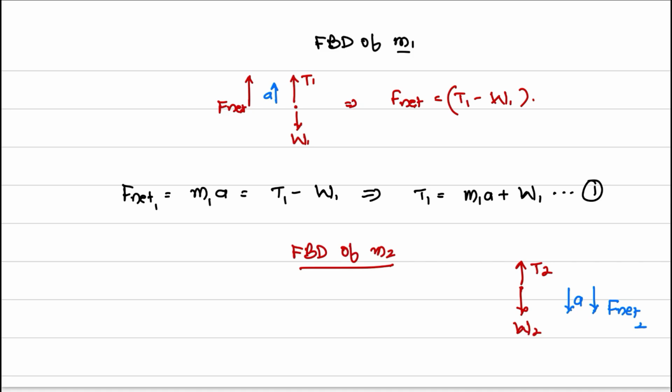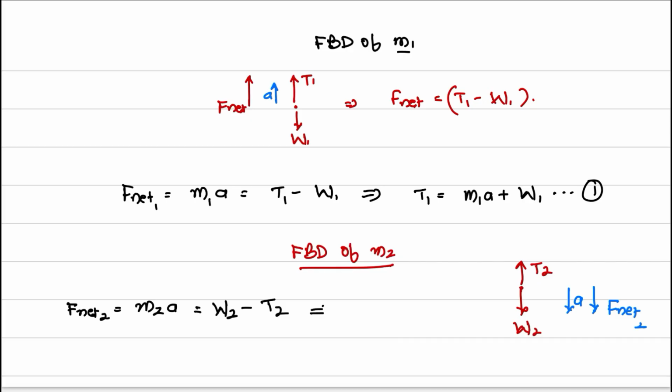F net 2 is how much? F net 2 is equal to M2A. That is force in its direction minus in its opposite direction. You please see the difference. We are getting different equations here.